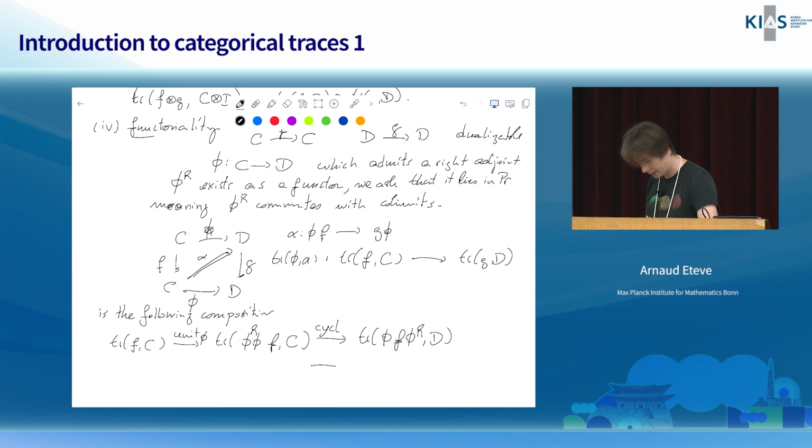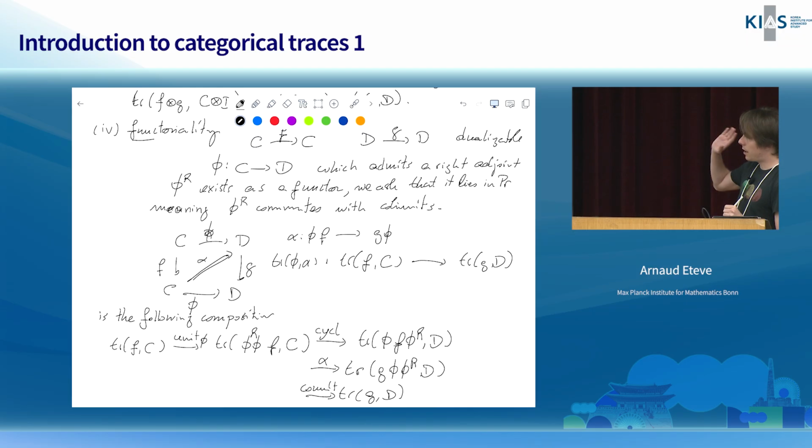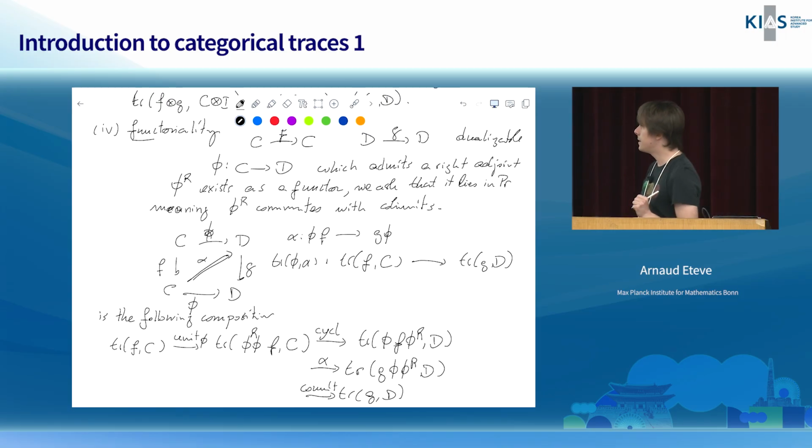Then I can plug in alpha, which is a natural transformation from phi F, the first two terms here, to G phi R, D. And then you can use the co-unit of phi. So that's a general construction, and it is, in general, rather difficult to compute. It is a very powerful construction, but making it explicit is usually the interesting thing to do. Okay?